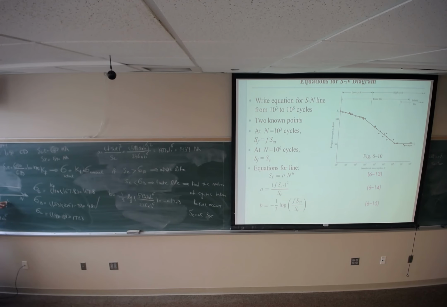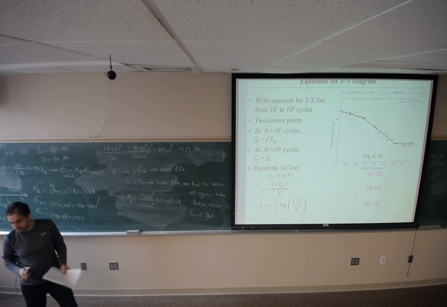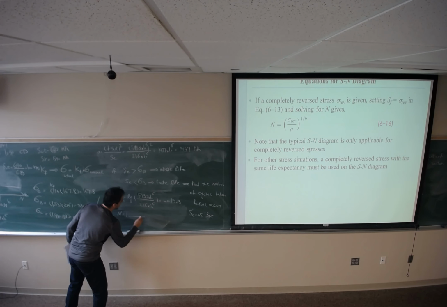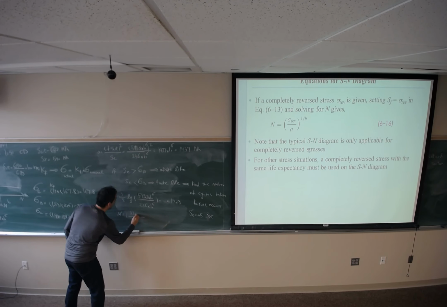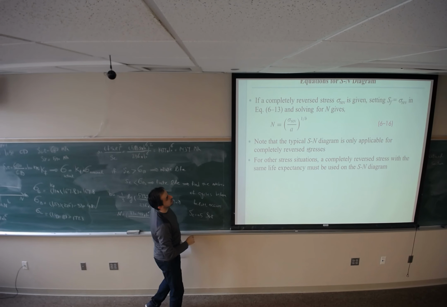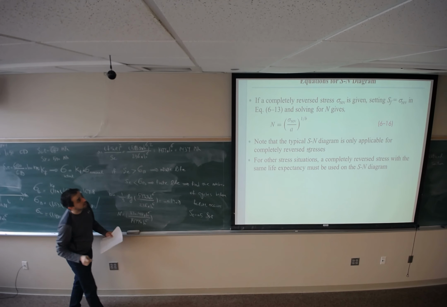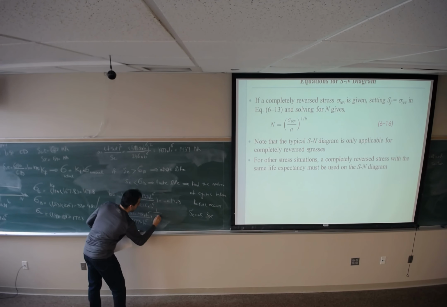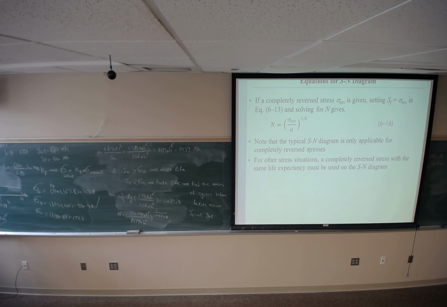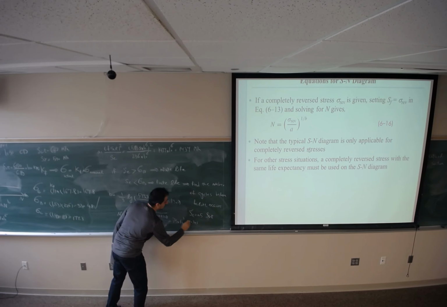A and B are given. I'm looking for N. So N, if you remember, would be whatever the stress S is, which is 330.48 megapascal, divided by A, 1437 megapascal, to the power 1 over B. You end up with 75,000 cycles.